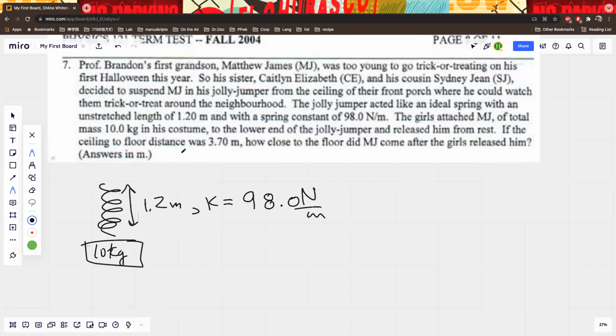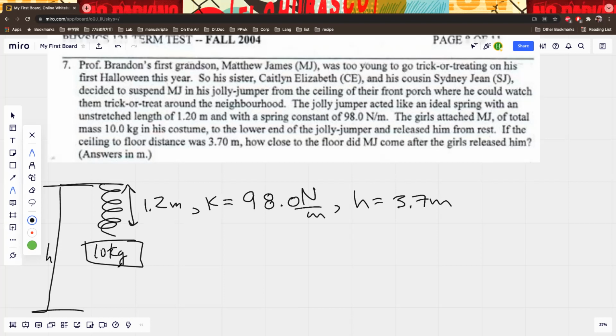If the ceiling to floor distance was 3.7 meters, so from here to here is a height equal to 3.7 meters. How close to the floor did MJ come after the girls released him?